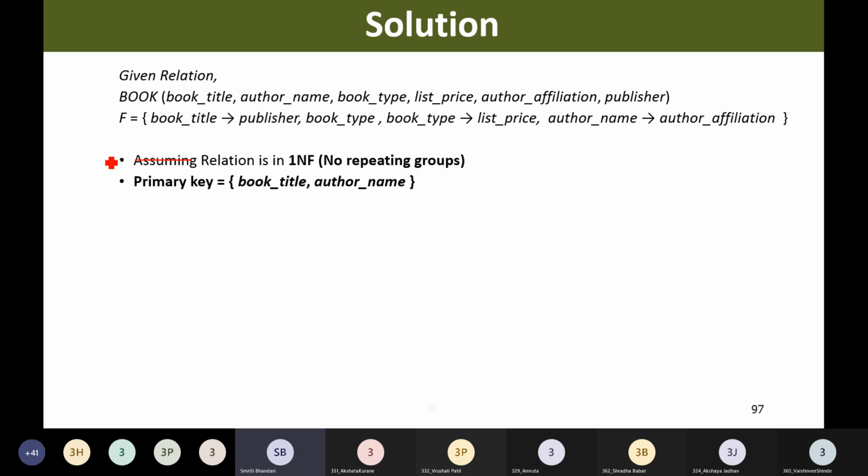But this is not enough. The relation is in 1NF, so let us try to find out whether there are any partial dependencies.